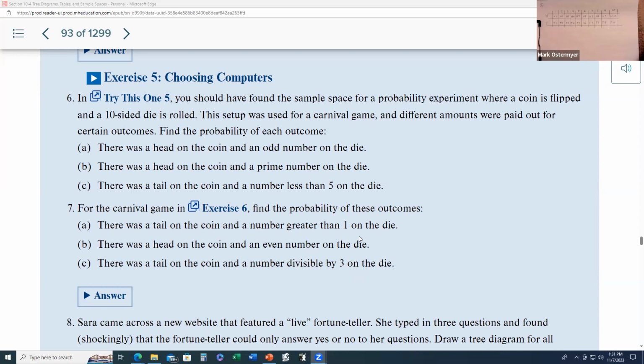Now, what are prime numbers? I could list the first several prime numbers. A prime number is a whole number greater than 1 that is divisible only by 1 and itself. So here's the first several prime numbers.